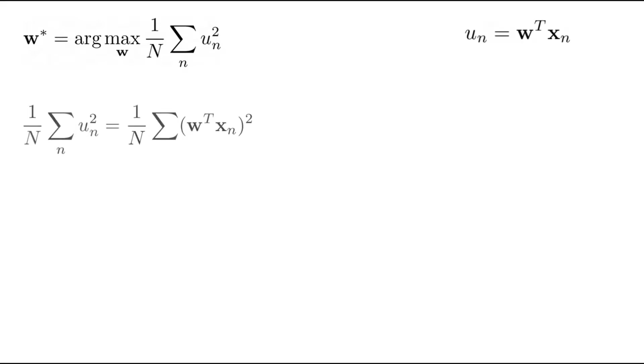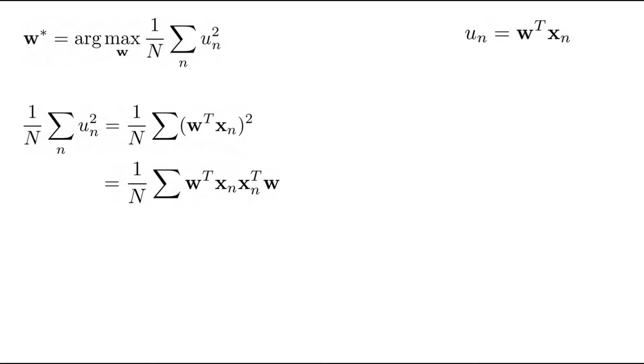So far, it's quite hard to see how we maximize this expression. So let's try and simplify it by substituting in u_n equals w transposed x_n. By expanding the square and flipping the second term because it's just a scalar, we get this.